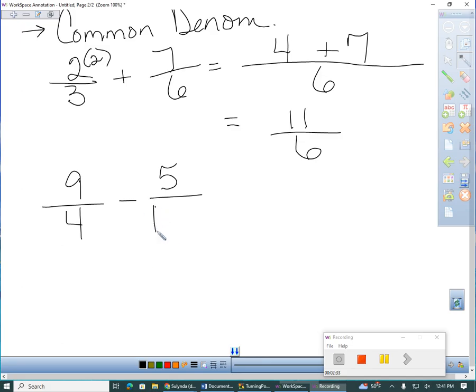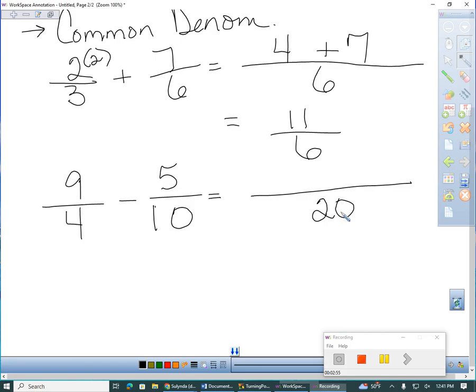How about 10? Equals, we draw our line. Our common denominator between 4 and 10. 20, very good. So I'm going to put my 20 over here. Well, you're looking for a number that they both go into.